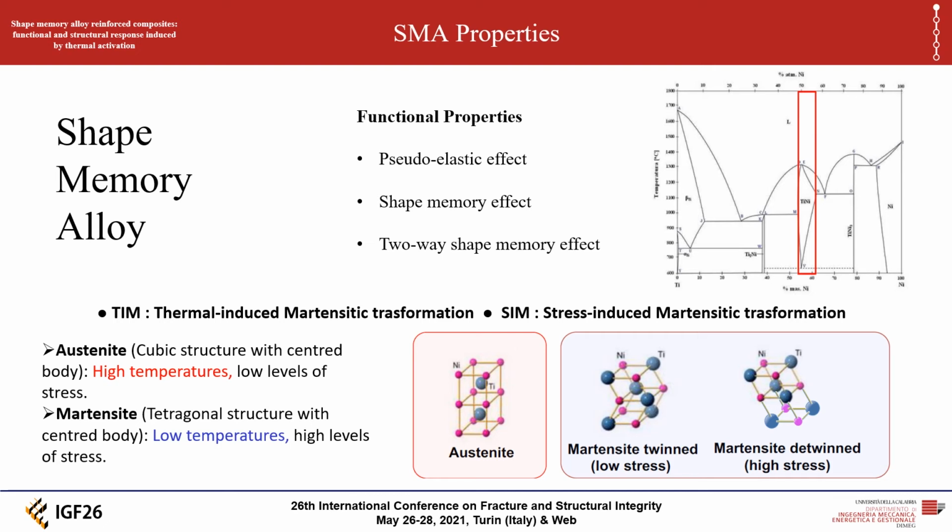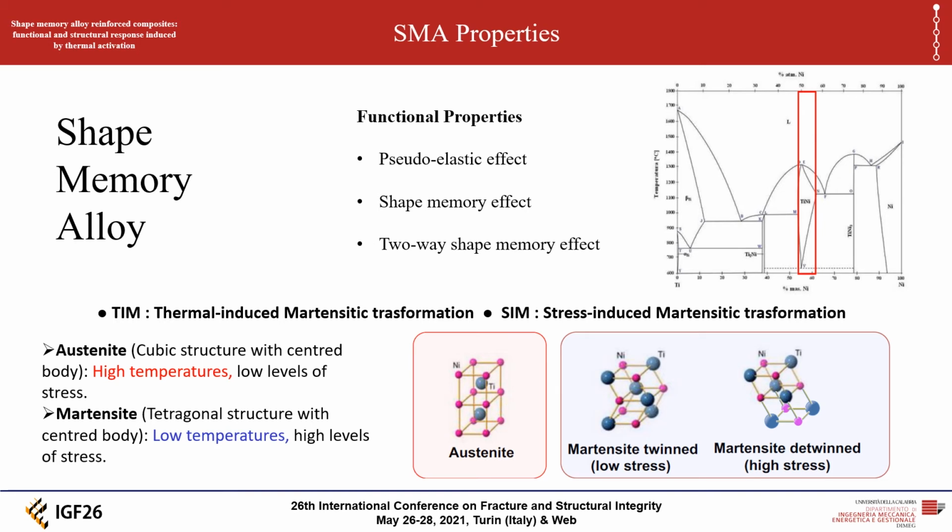They have three fundamental properties: the pseudoelastic effect, and the one-way and the two-way shape memory effect. The material has two crystal structures: austenite at high temperatures and martensite at low temperatures.